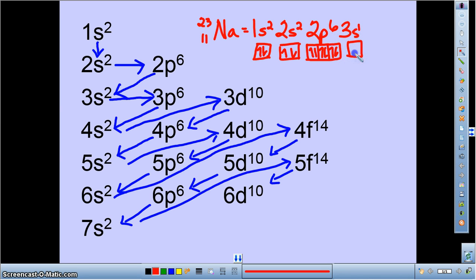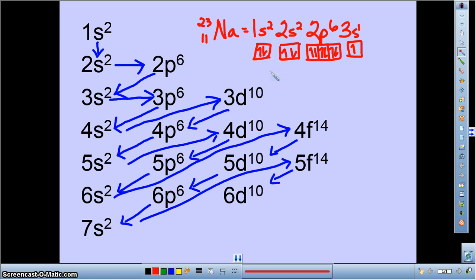And the 3s, we only have arrow up because there's only 1 electron in that orbital. In order to show me an orbital diagram, you have to write the electron configuration above the orbital diagram so that they coincide. If you just draw a box with the arrows up and down, I don't know what principal energy level you're referring to. So that's why we have to do it like that.